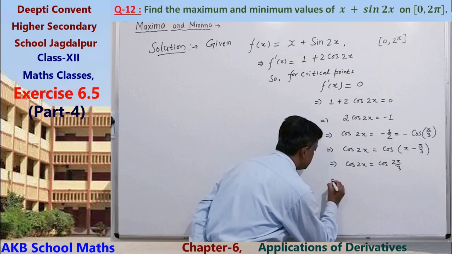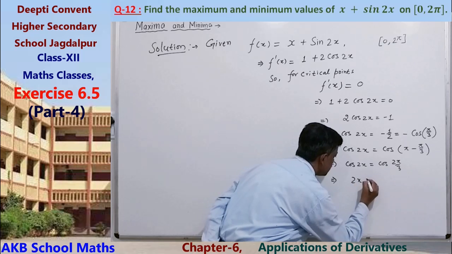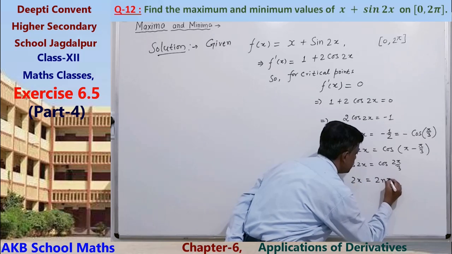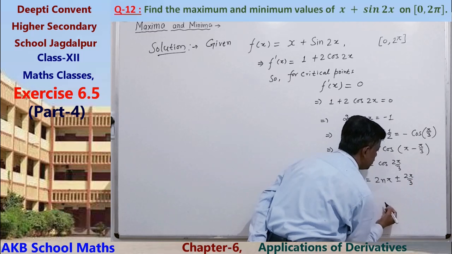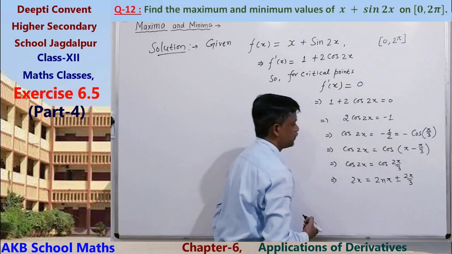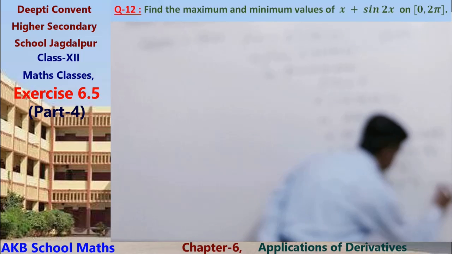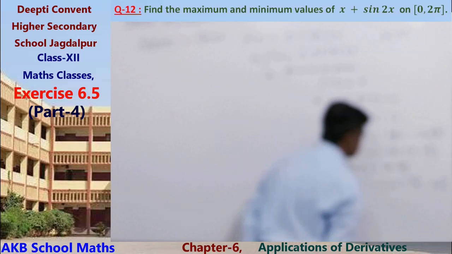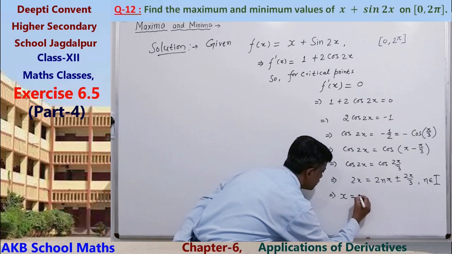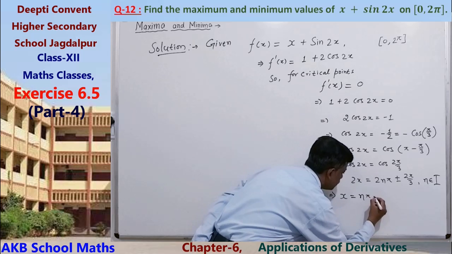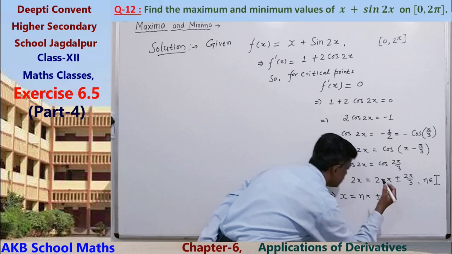Clear? By using the solution of the trigonometric equation, 2x equals 2n pi plus minus 2 pi by 3, where n belongs to integers, implies x equals n pi plus minus pi by 3.